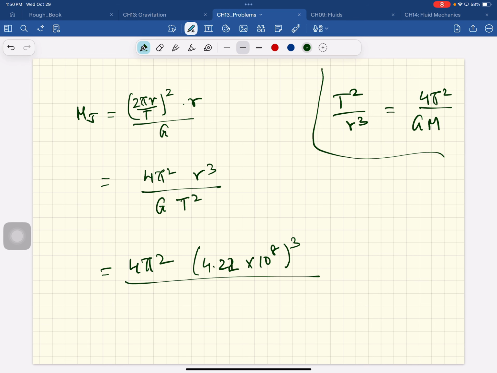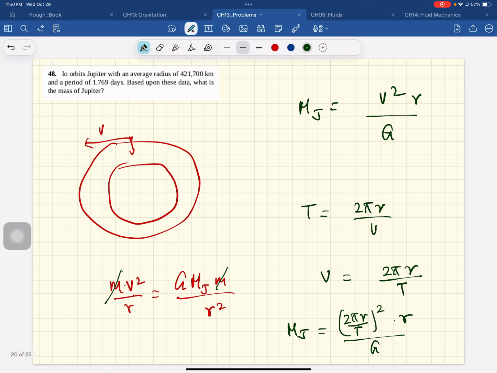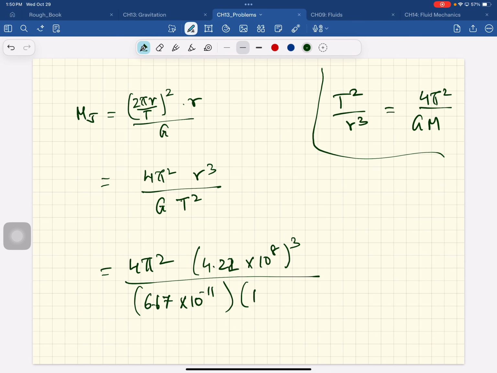G is 6.67 into 10 to the minus 11. Period is 1.769 days. Each day has 24 hours, that many seconds, squared. And so this will work out in kilograms.